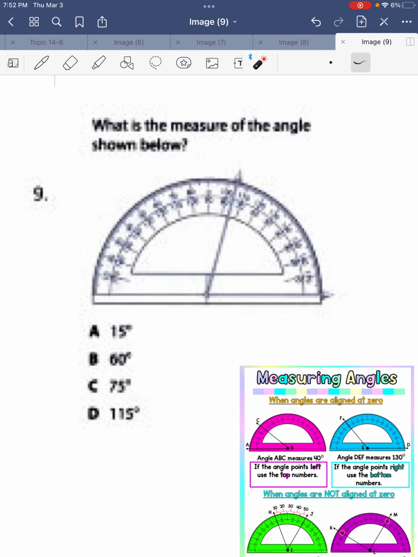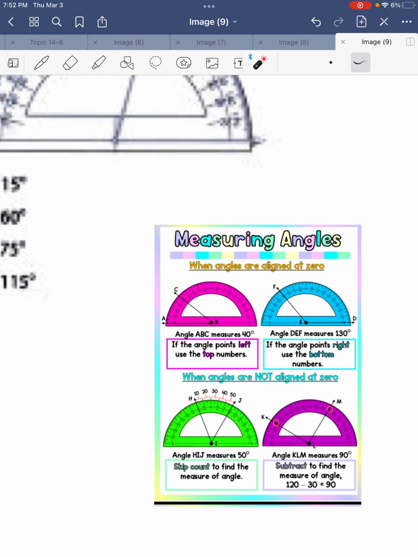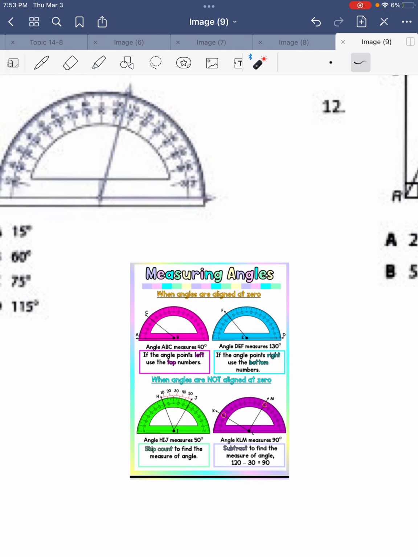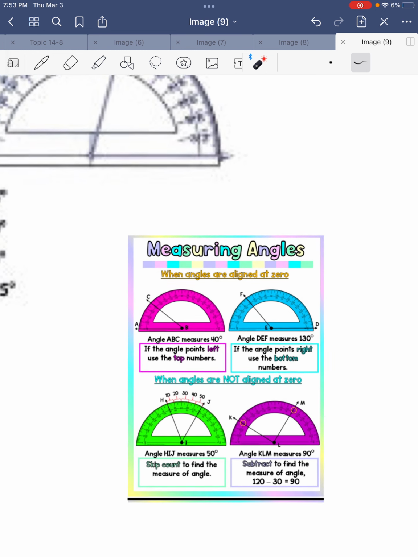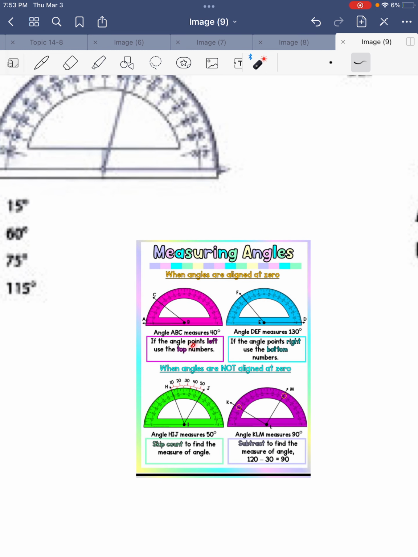Number 9 is asking, what is the measure of the angle shown below? So remember, this is called a protractor. Remember, a protractor counts by tens. And I have it right here where it says, if the angle points left, use the top numbers.